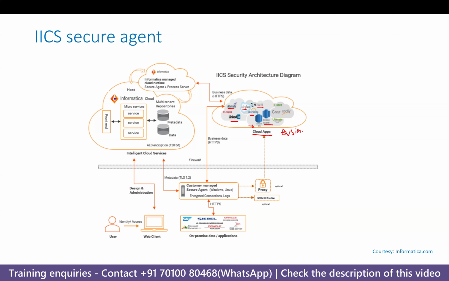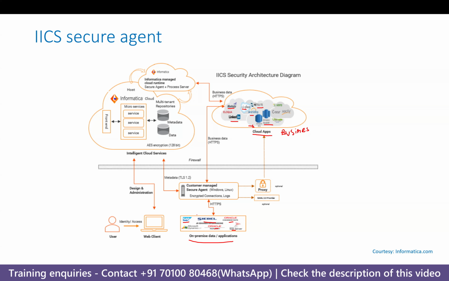I have to do the ETL process from my on-prem to the cloud. Here on-prem we have SAP, Microsoft, Oracle, SQL Server, MySQL, and different databases. These are on-prem databases where we store OLTP data, and we have to move the data between them.